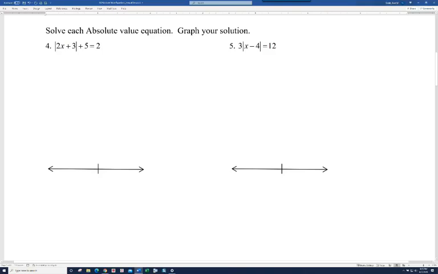So if you look at number 4, it's very tempting. You know, I'll get students that'll do this. They'll add the 3 and the 5 here, and they'll, I don't know, maybe get something like 2x plus 8, or maybe they'll leave the 2x inside the absolute value and the plus 8 will be outside.